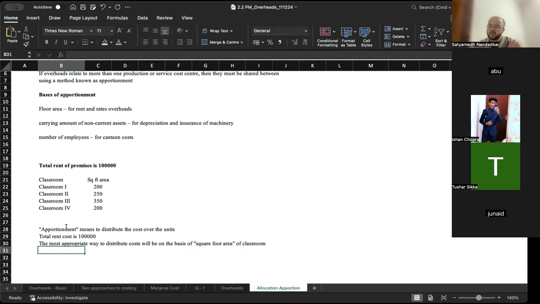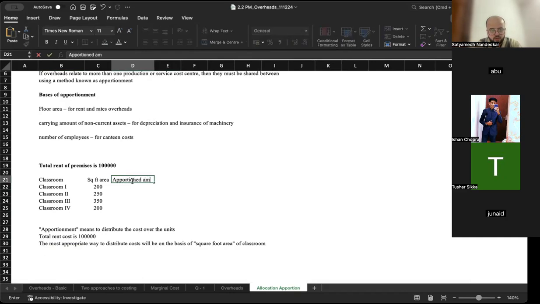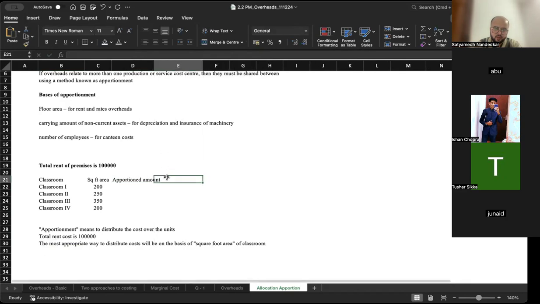So the basis of apportionment should be the space that you are occupying. Okay, so when I'm going to apportion, I'll write the apportioned amount here and I'll show the calculation here so that you have full understanding.